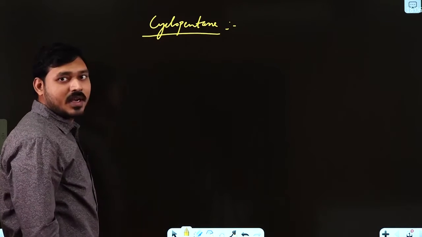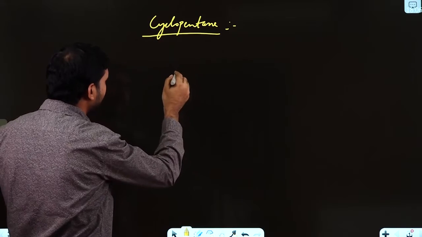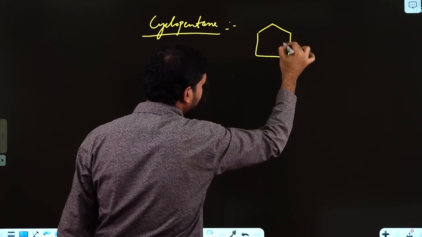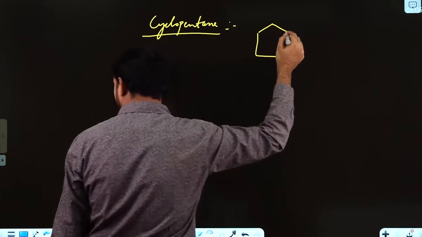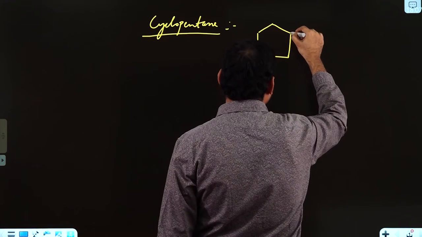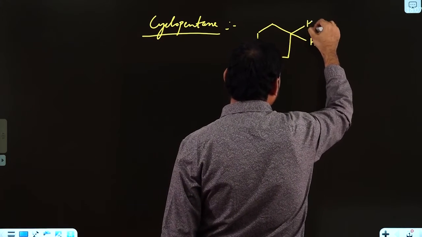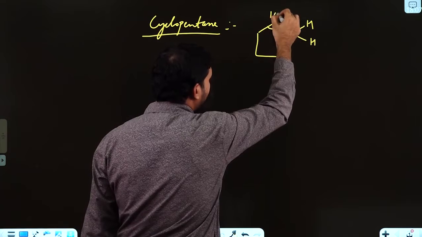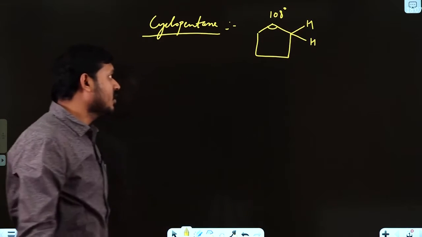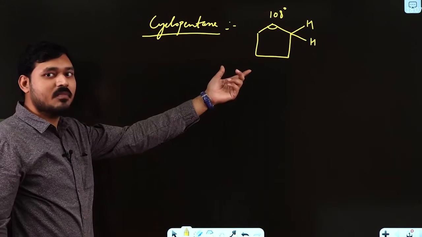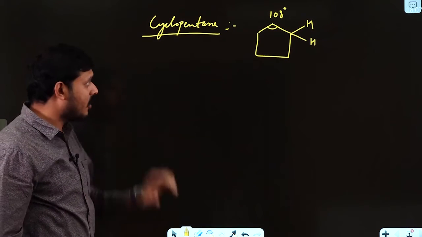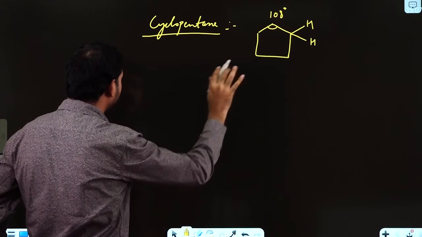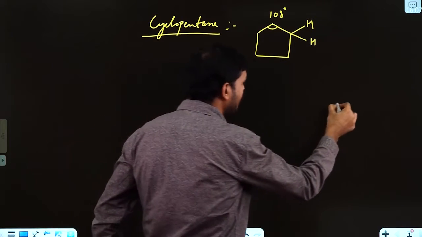cyclopentane, right? In cyclopentane, in conventional style, if I see, then every carbon is having two CH bonds. Okay, this angle was approximately 108 degree, so also it is not having very much angle strain, right? Now let's understand how this structure will exist in Newman projection formula.